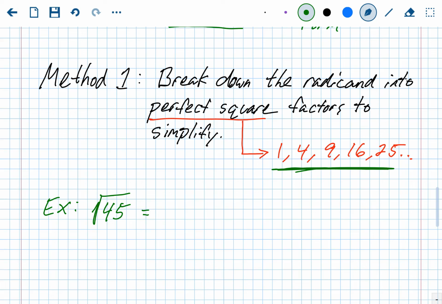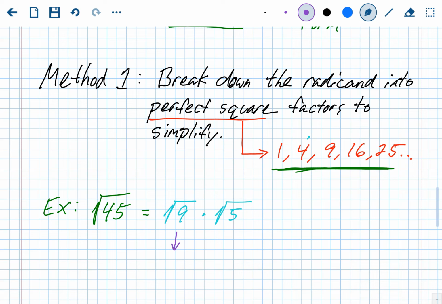All right, so which one of these perfect squares is also a factor of 45? Well, it's 9 and 5. The square root of 9 times the square root of 5. 9 times 5 is 45. So the square root of 9 times the square root of 5 is also equal to the square root of 45. And then simplify. The square root of 9 is a perfect square.